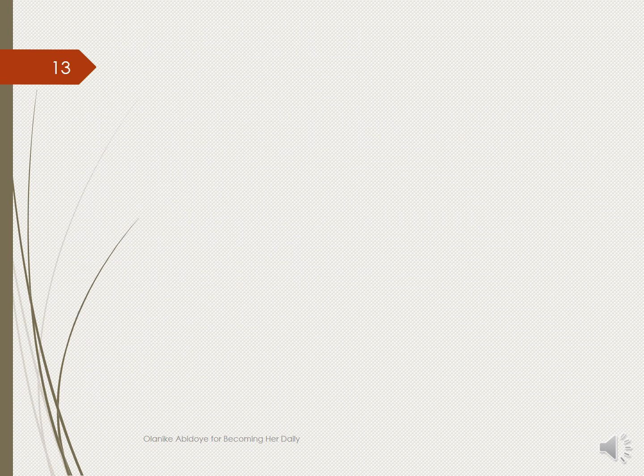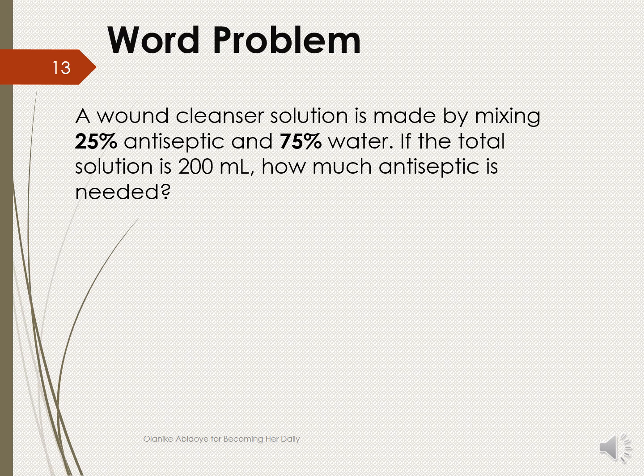The next one, which is the same word exercise, is a wound cleanser. Solution is made by mixing 25% antiseptic and 75% water.